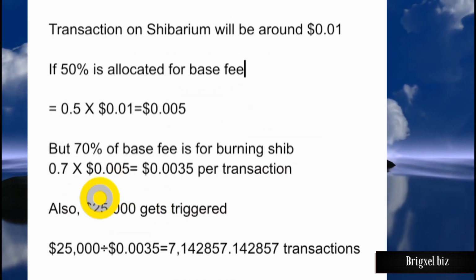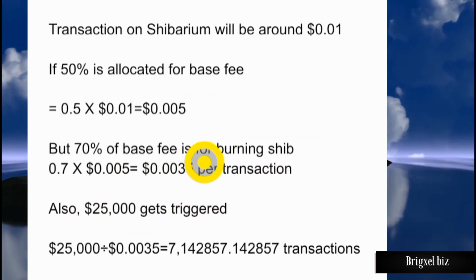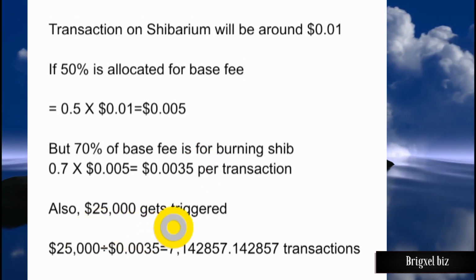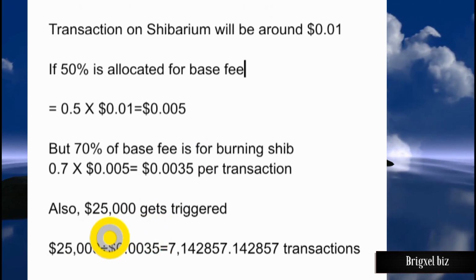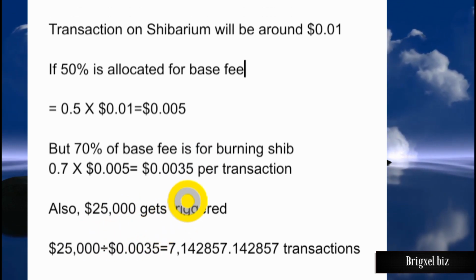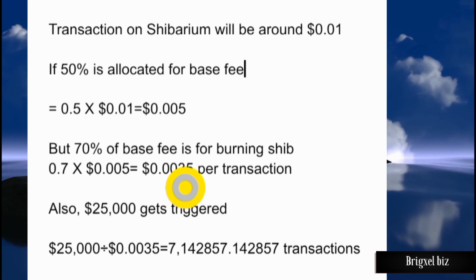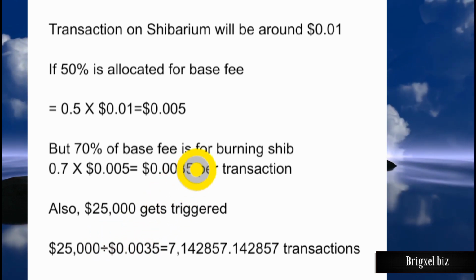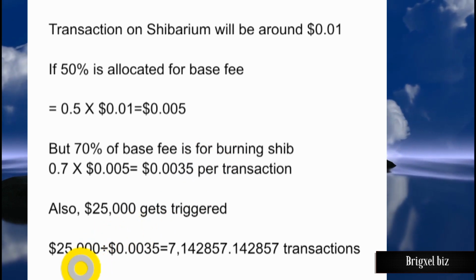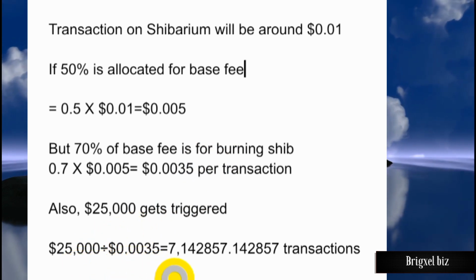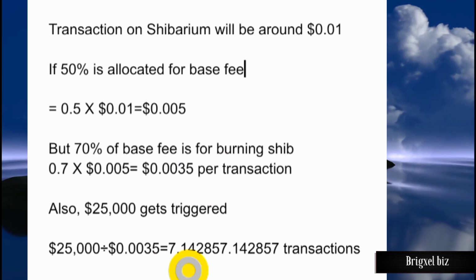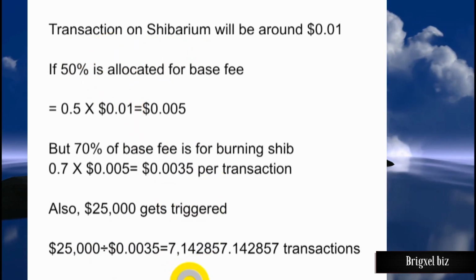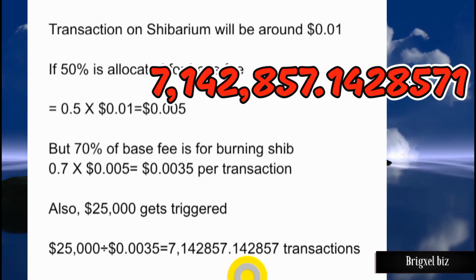Also according to the document, if this amount accumulates to $25,000, then the burning process is going to be triggered. So all we need to do now is find how many transactions are in $25,000. If we divide $25,000 by this amount, that means the Shibarium blockchain is going to be processing about this amount of transactions.